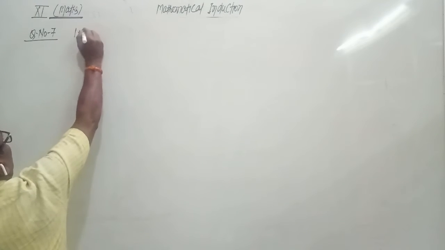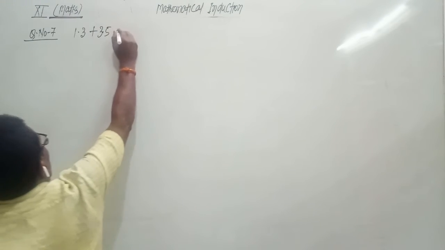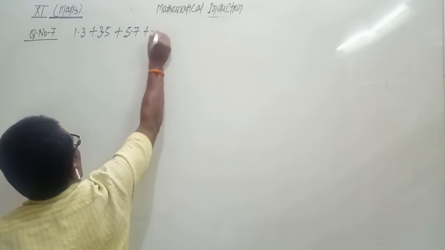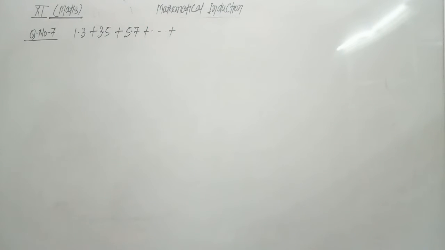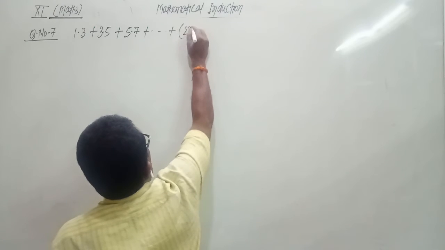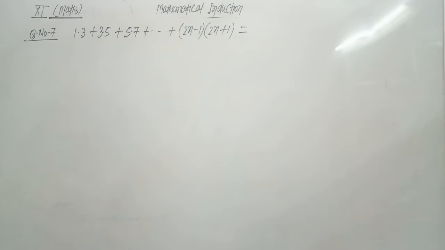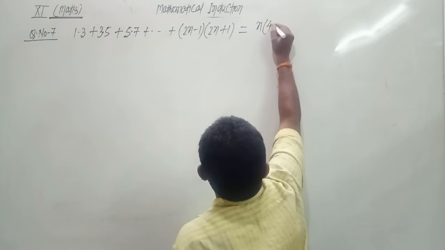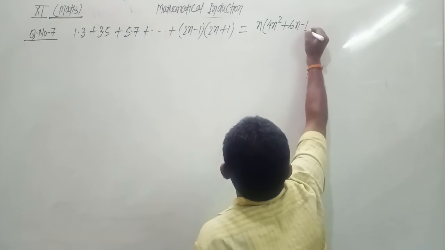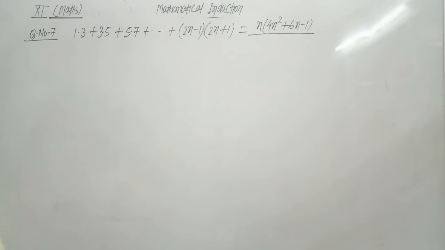Prove that 1 into 3 plus 3 into 5 plus 5 into 7 plus dash dash 2n minus 1 into 2n plus 1 equals n into 4n square plus 6n minus 1 whole upon 3.